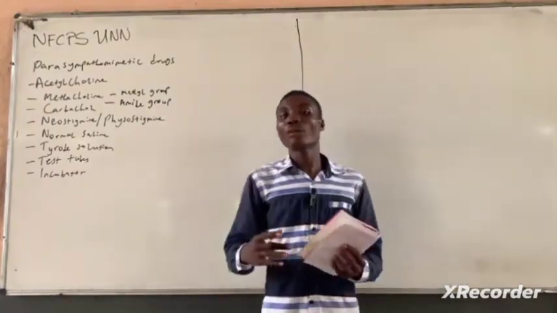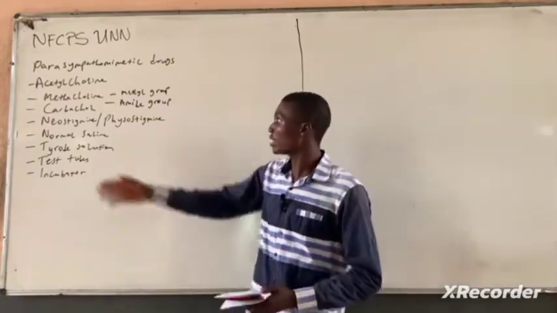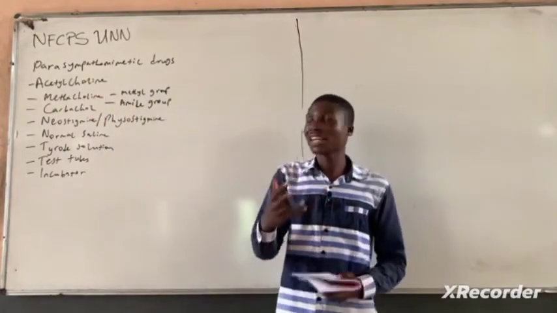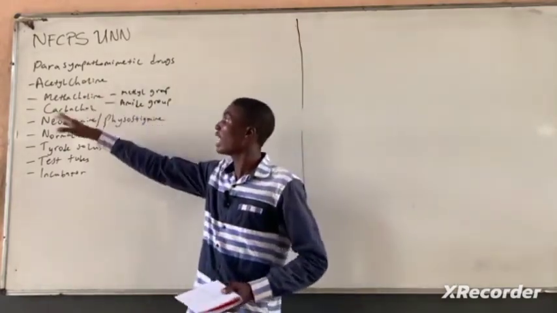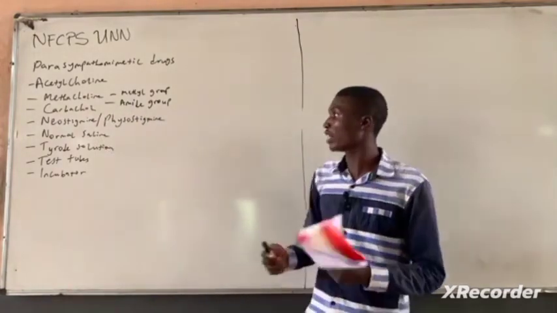So in terms of rate of degradation, acetylcholine is rapidly hydrolyzed by cholinesterase enzymes, followed by methacholine, and carbachol is not even affected by cholinesterase enzymes. So it's very important to take note of that.